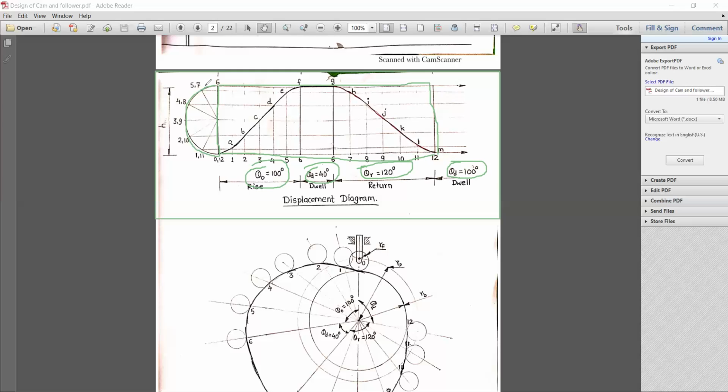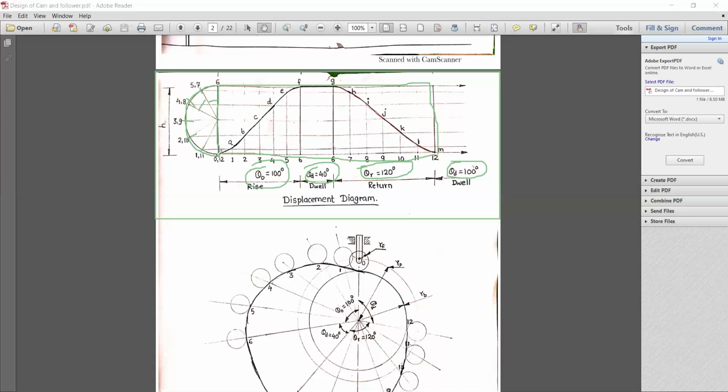Here I have made equal parts of that semicircle, 1 2 3 4 5 and 6. That is 180 divided by 6, so you get an angle of 30 degrees. In between, this is an angle of 30 degrees, this is an angle of 30 degrees.